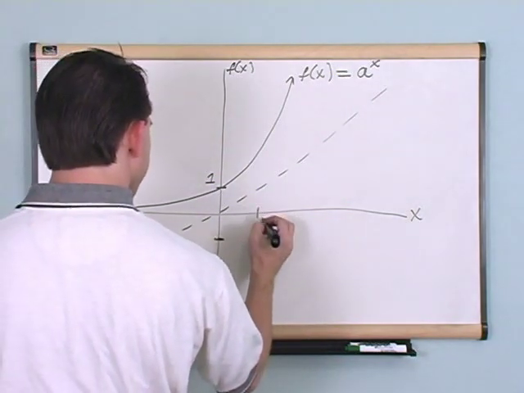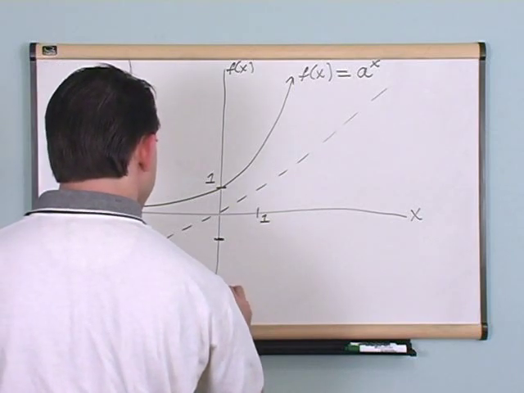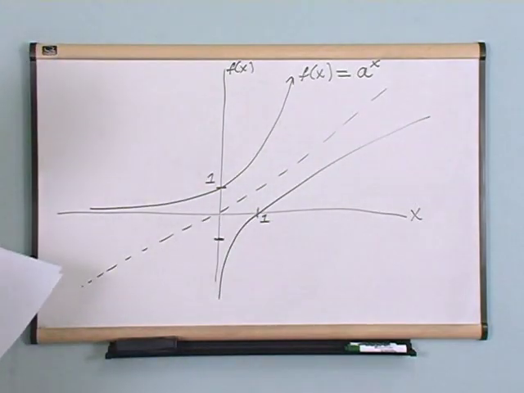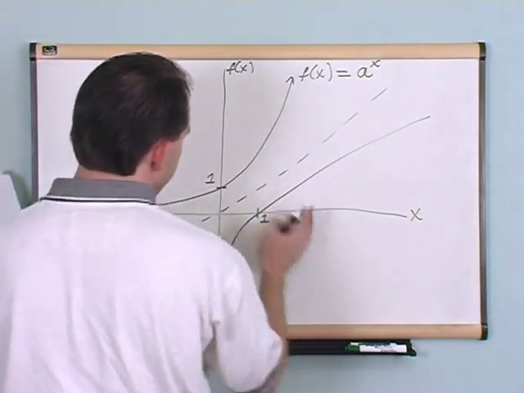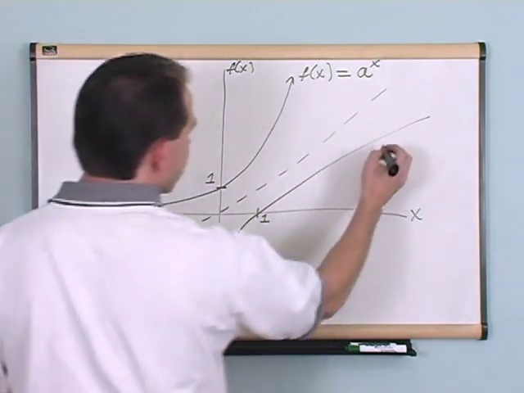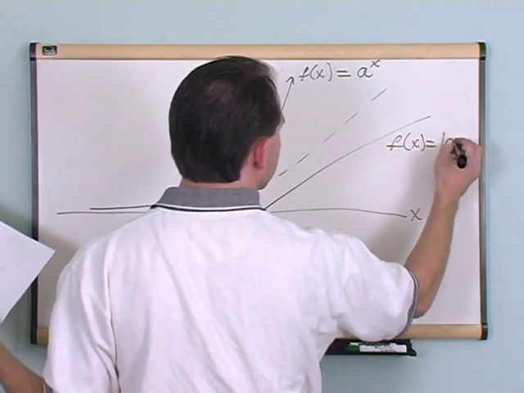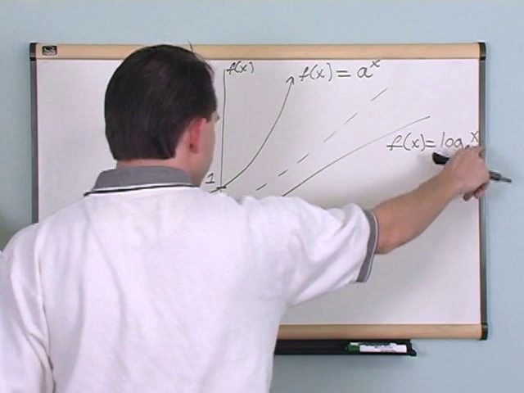It's going to go through the point 1 here, okay, and it's going to come up from this axis and it's going to go like this, okay. So if you have the exponential function and you flip it over a line that's at 45 degrees here, you will arrive at the logarithm function. Log base a of the number x.